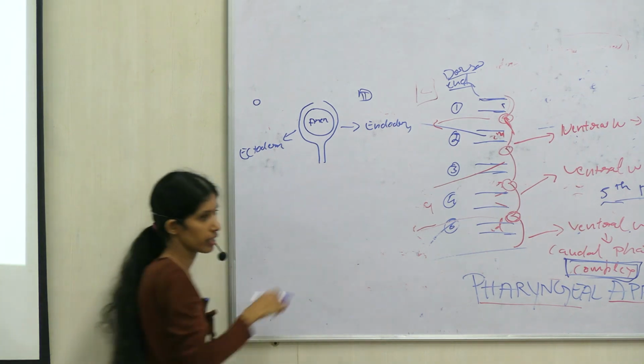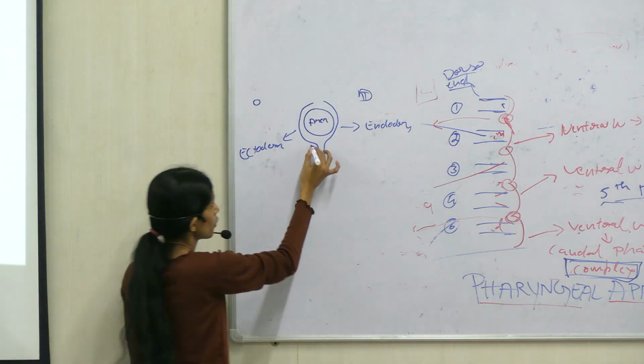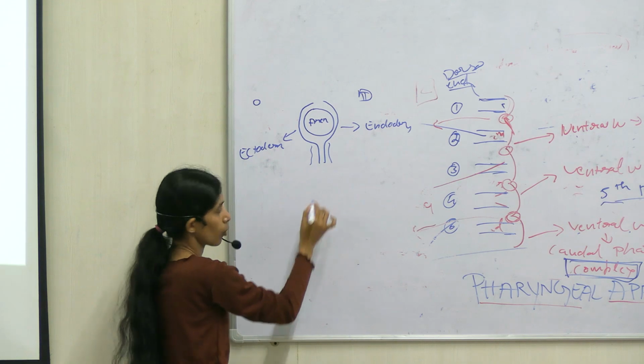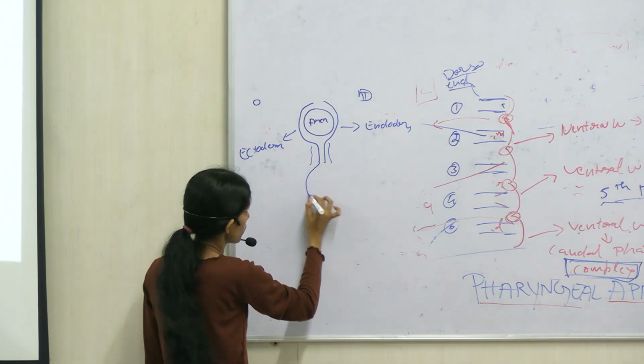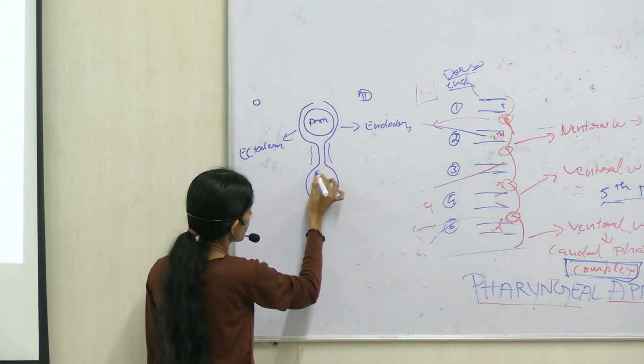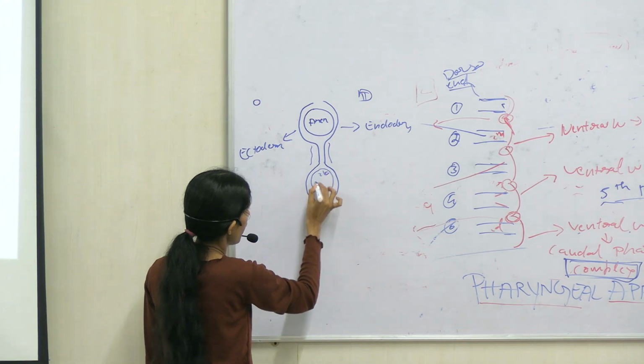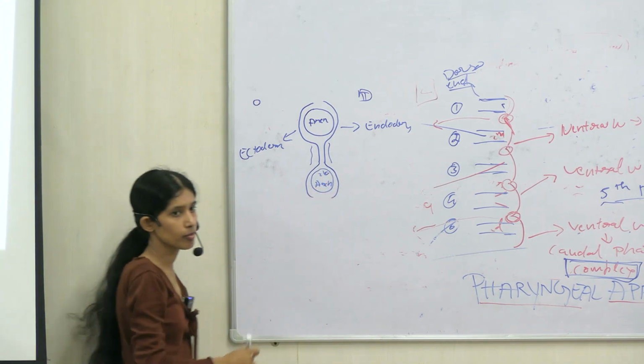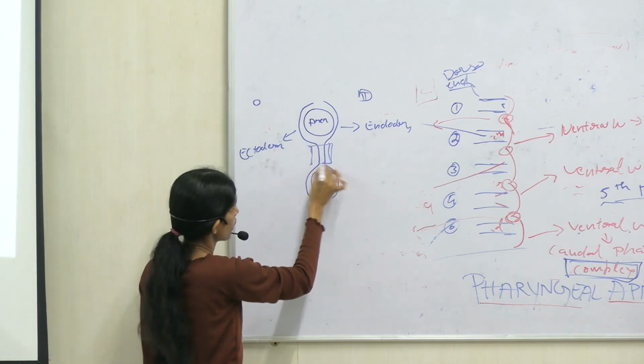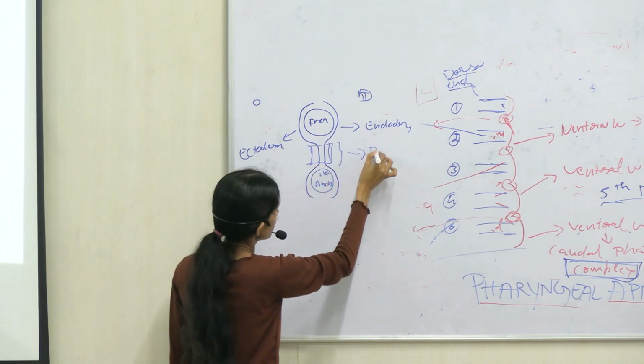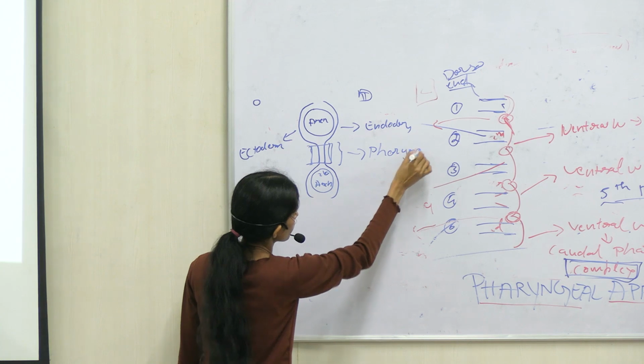Before covering the next arch, it will form a structure like this. Then again it will split and cover your second arch. Now, this part is called the pharyngeal membrane.